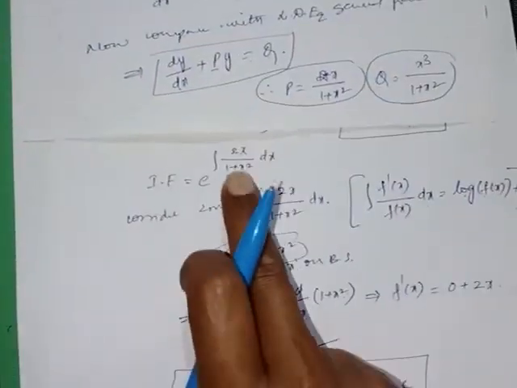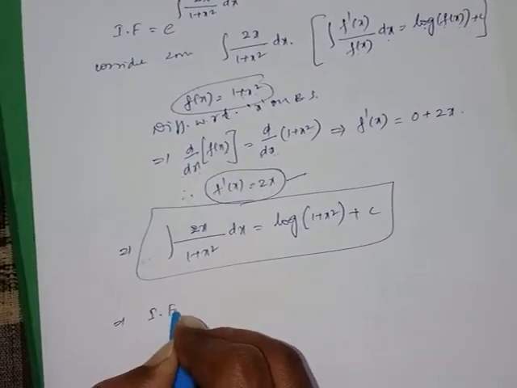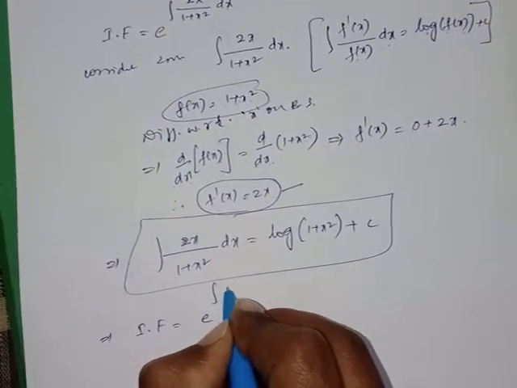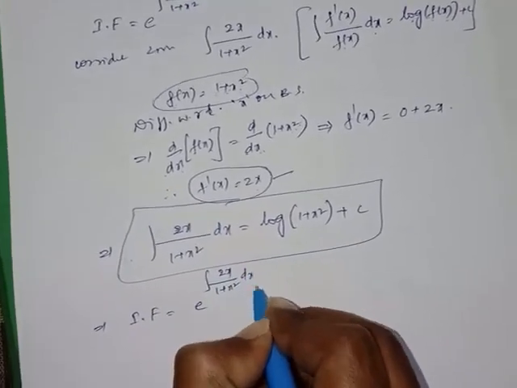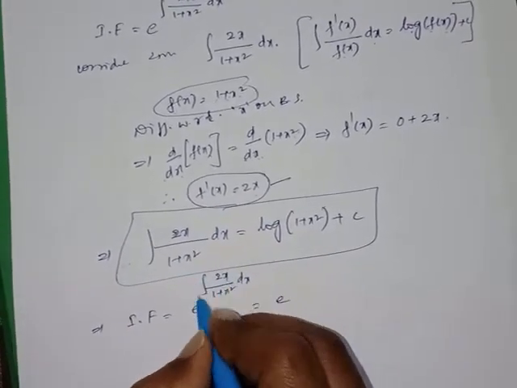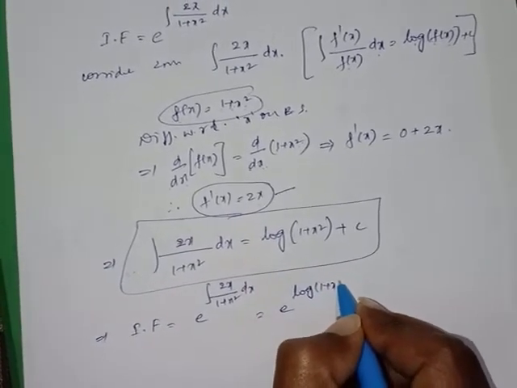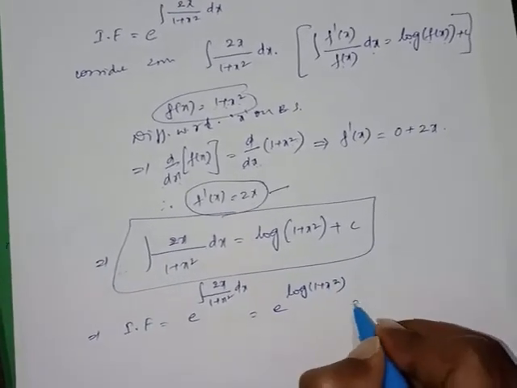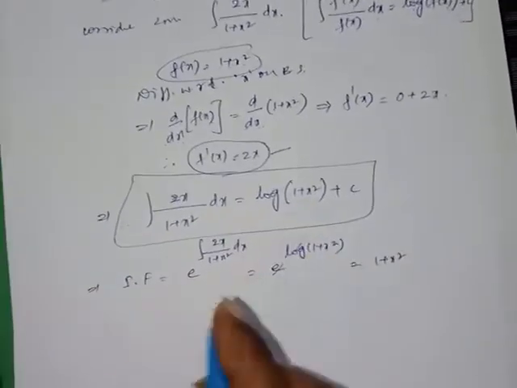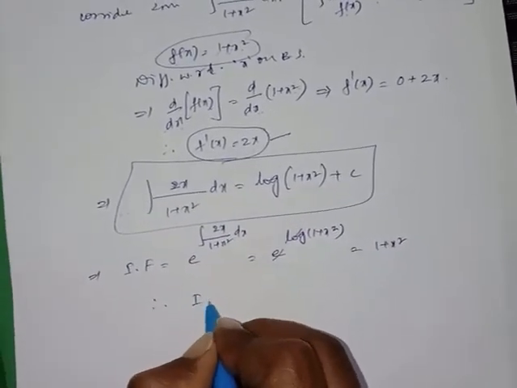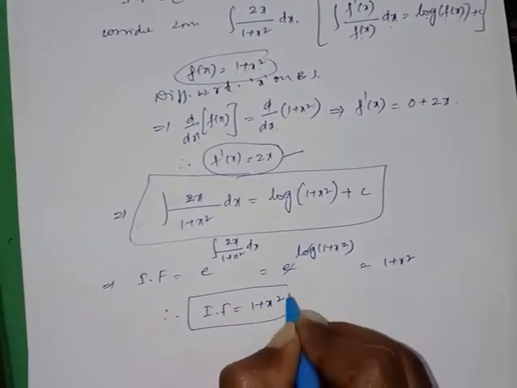So substitute here: integrating factor e to the power of integral 2x/(1 + x²) dx equals e to the power of log(1 + x²). The e and log cancel, remaining 1 + x². Therefore the integrating factor is 1 + x².